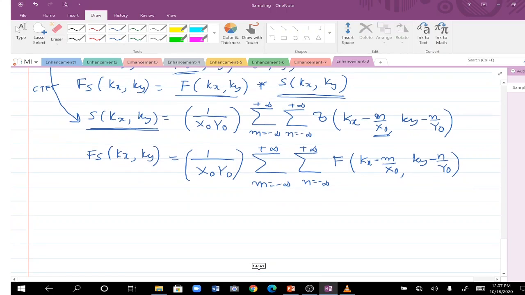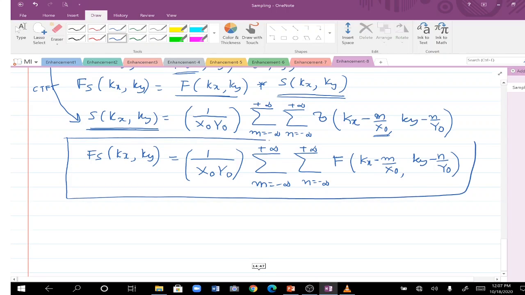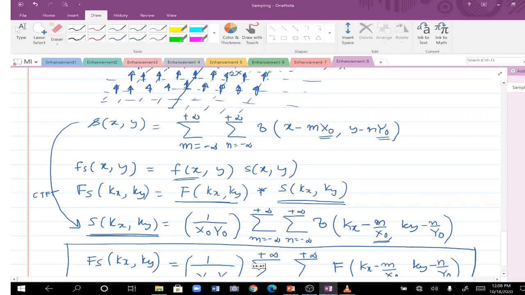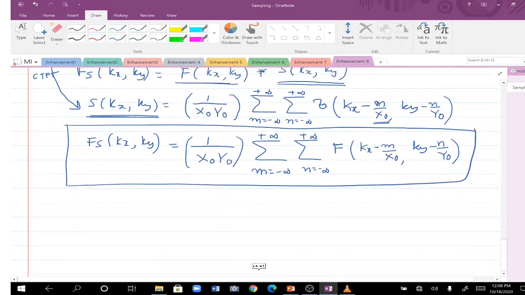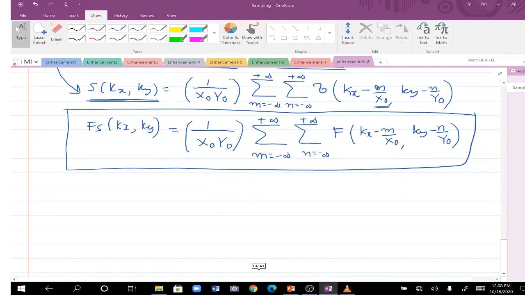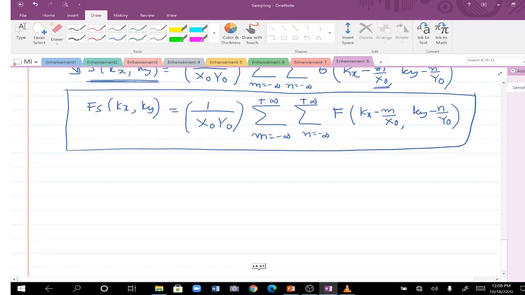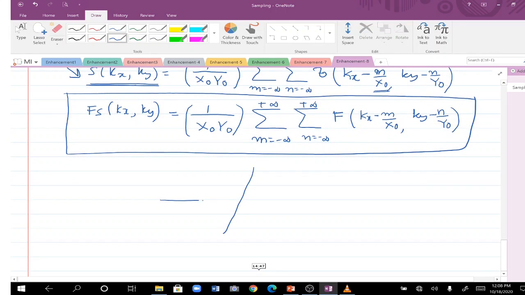Okay, that's all. So this is the final expression for the two-dimensional Fourier transform of a signal that you have obtained as a result of multiplying your 2D function with a 2D impulse train. Now let's try to draw that to get a bit more clarity about it.